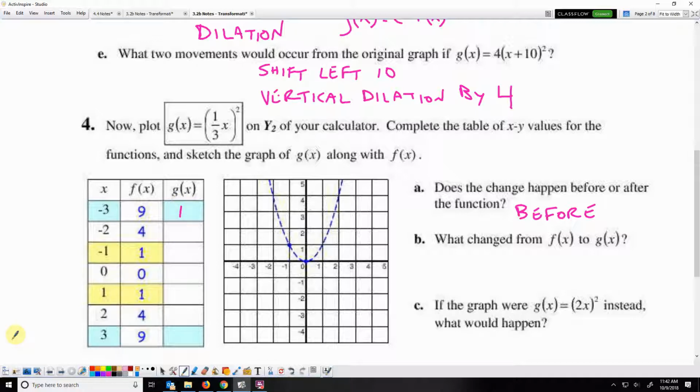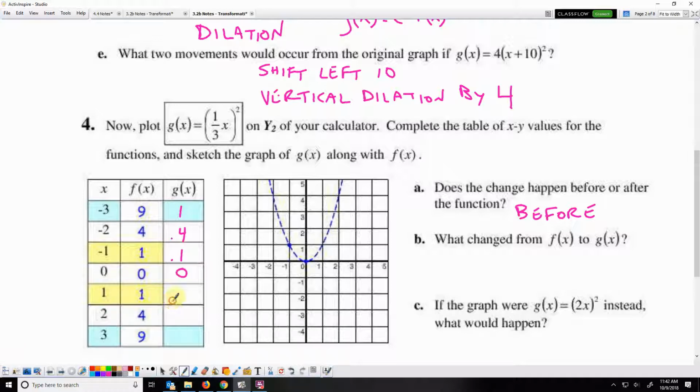If you take 1/3 of -2 and you square it, you're going to get about 0.4. So there are going to be some decimals in here that we won't really be able to graph very easily. If you take 1/3 of -1 and square it, you're going to get about 0.1. Then 1/3 of 0 is 0, squared is 0.